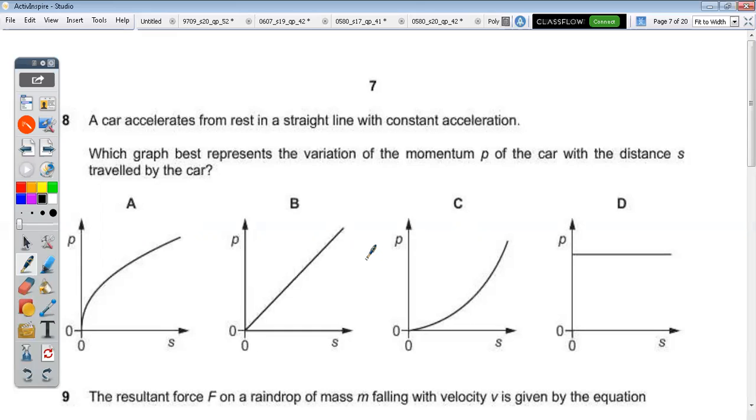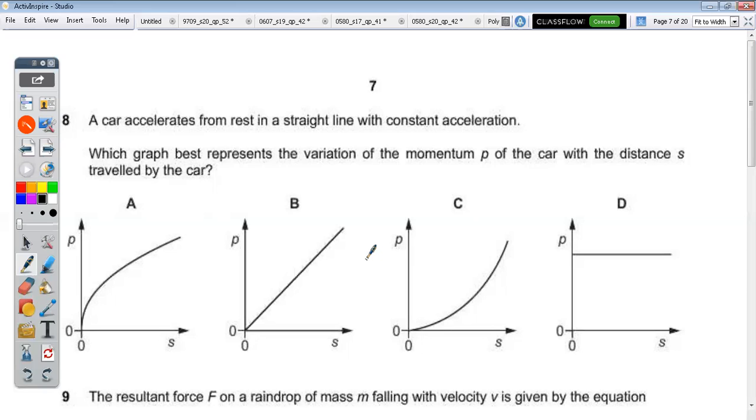Oh, you're still thinking. Yes. Real problem of constant acceleration.